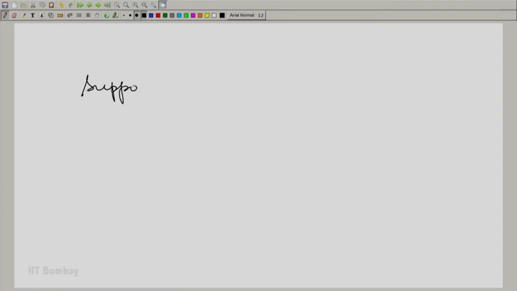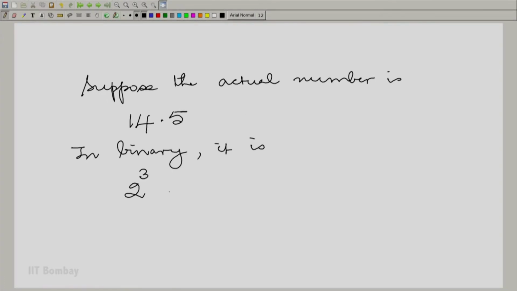Let me take an example here. Suppose your number is 14, let us put a fractional part there as well. So, let us say 14.5. You can write this down in binary.